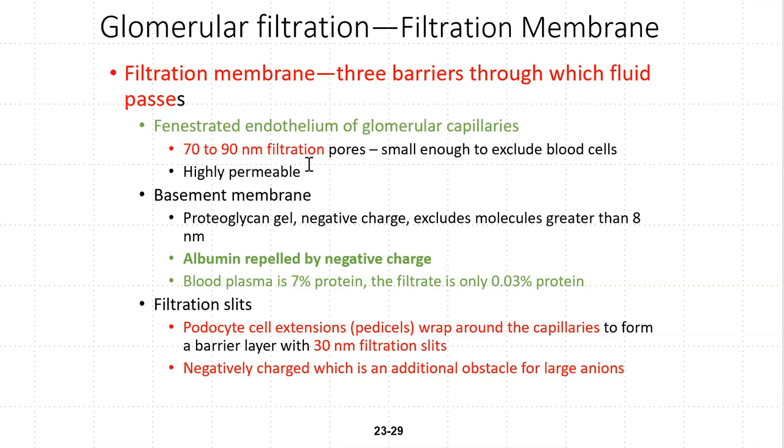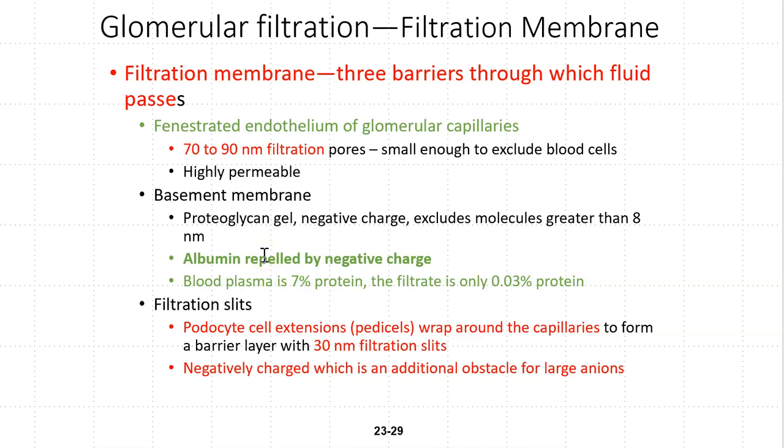So a lot of water and a lot of solutes pass through these fenestrations, and then it goes through the basement membrane, and the basement membrane basically repels negative charge. So you shouldn't see too much albumin in the urine.